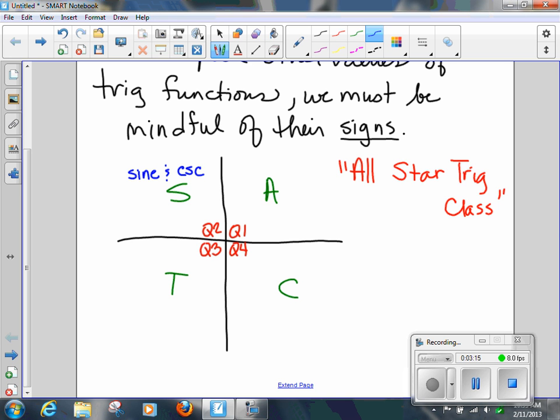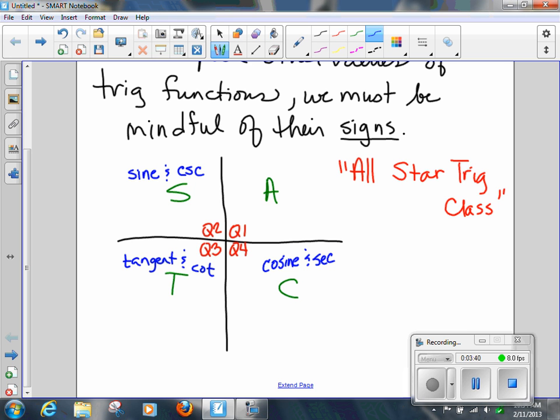T, of course, stands for tangent. We must include its inverse, which is what? Cotangent. And then C, of course, stands for cosine, and its inverse, which is secant.